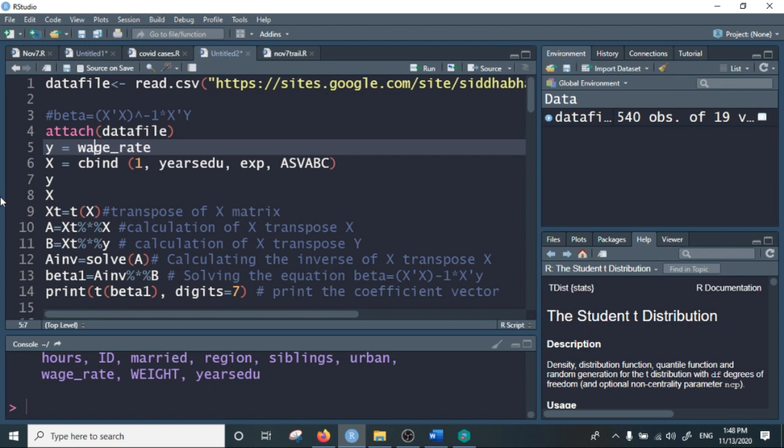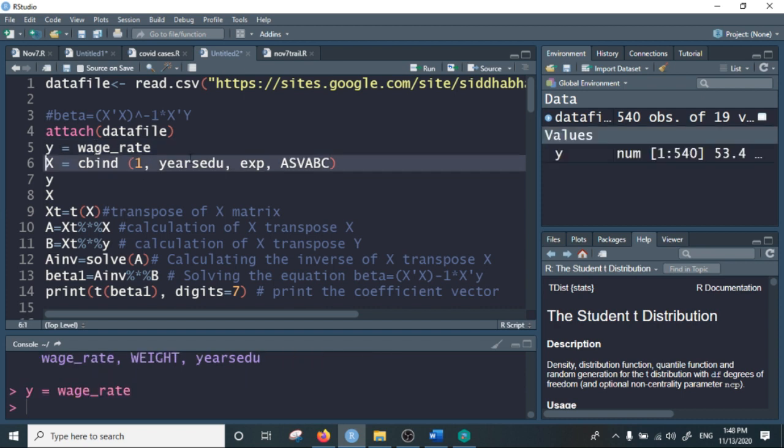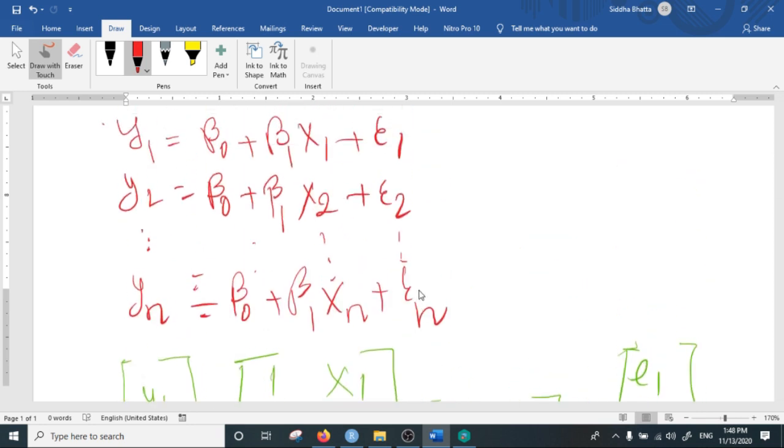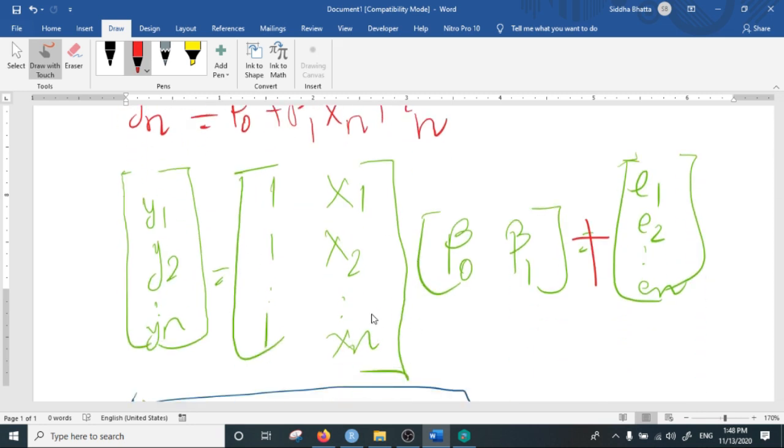Suppose our dependent variable is wage rate, and we define the y vector to be wage rate. The x matrix, as we saw before, is a matrix in which the first column will be 1 1 1 and then the values of the independent variables.